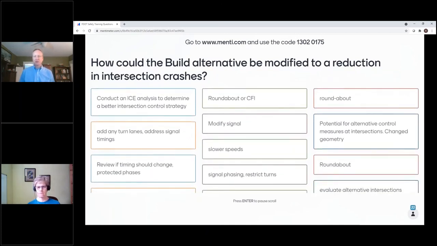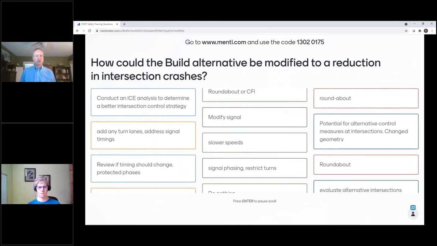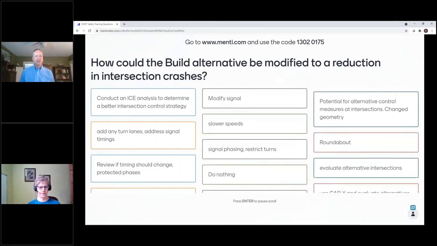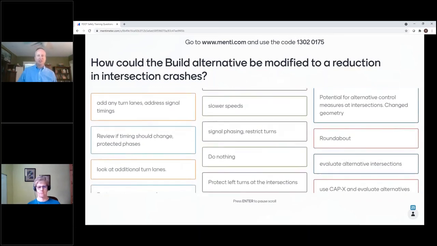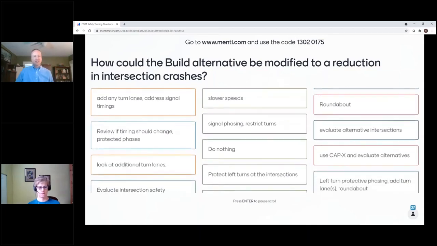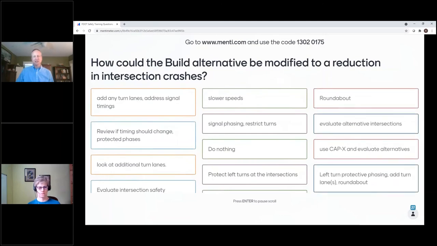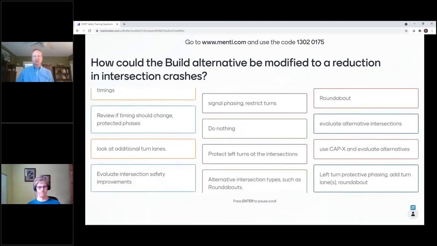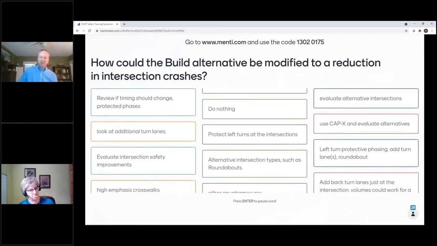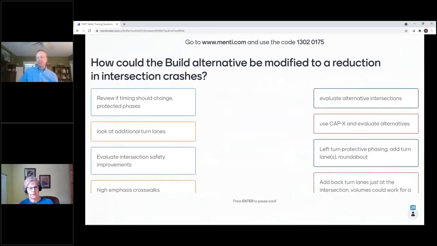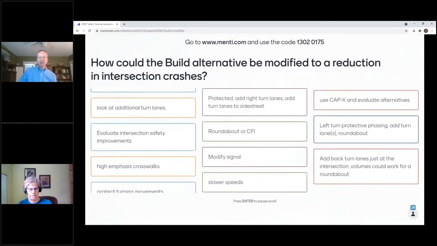Potential for alternative control measures at intersections, change geometry, turn lane, signal timing, protected phases, get additional turn lanes, CapEx. Do nothing. You could decide this is okay. That's part of the game, right.